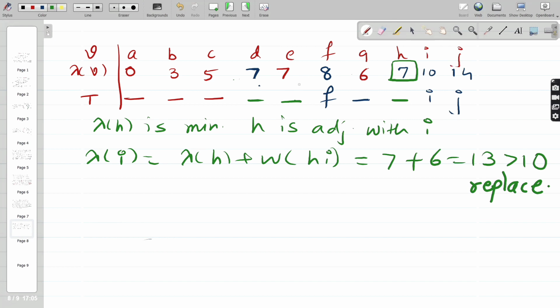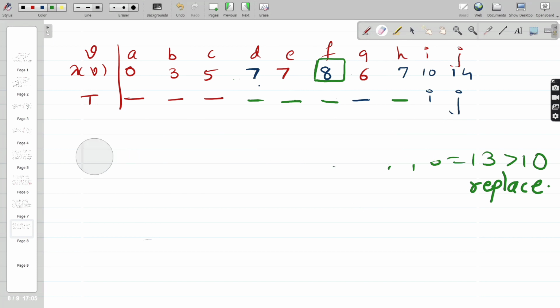Now, as H is gone, next time, after these 3 times 7 we considered, the vertex F has the smaller value, that is 8. So we will be writing the same things for F here.